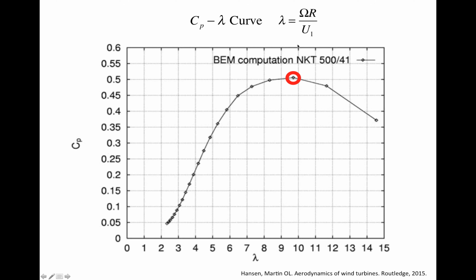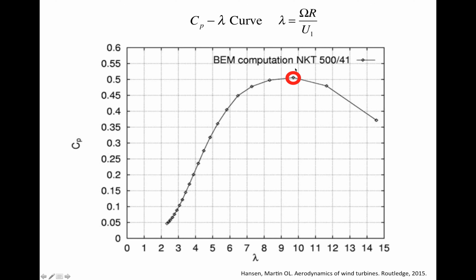When the wind speed changes, for example, if the wind speed increases, we can make capital omega rotate slightly faster, so that lambda remains at its optimal value, 9.7 or something. If wind speed drops, we can also decrease capital omega, the rotational speed, so that again the tip speed ratio lambda stays at the optimal range from 9 to 10, for example.